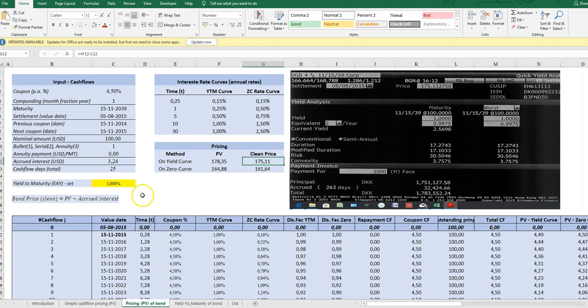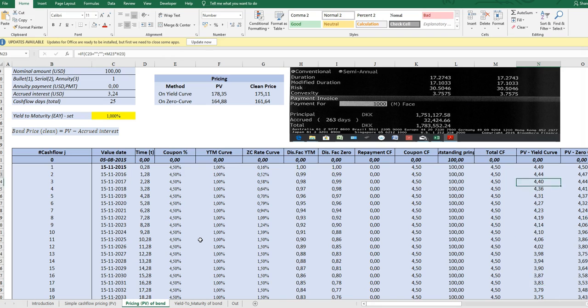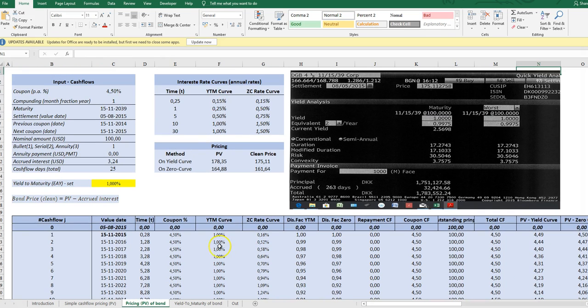So basically what I have done is to come up with the total cash flow on this bond and discount it with the 1%, and I see that it corresponds exactly to the price in Bloomberg. I can also see here that the yield is 1%. This is yield to maturity.